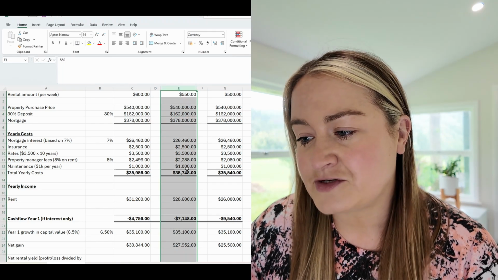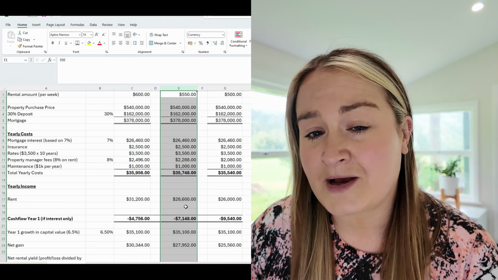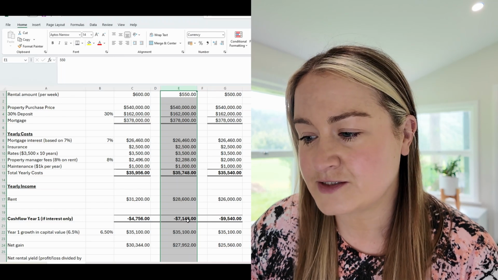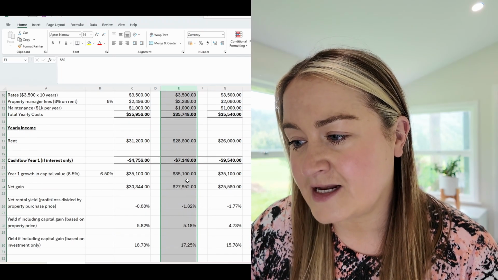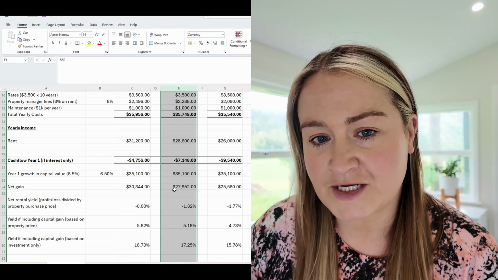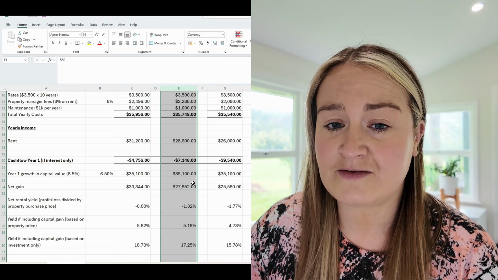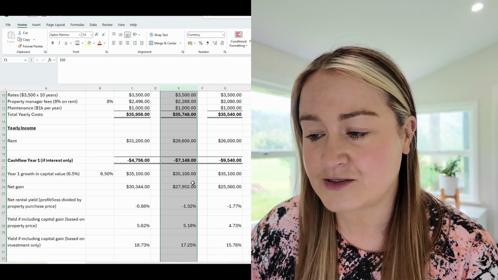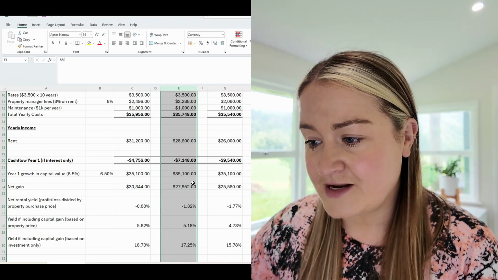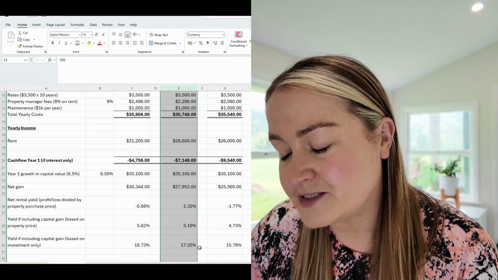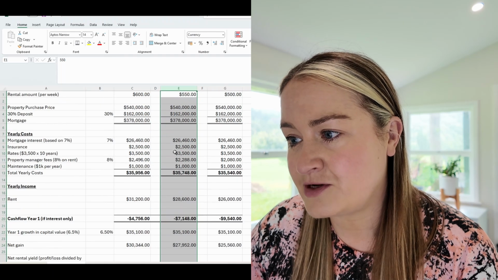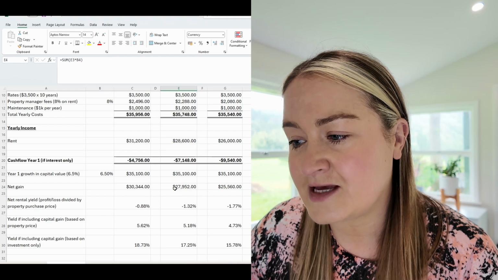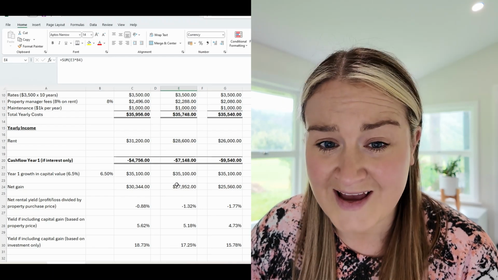Every year I have to top this property up from my own pocket by just over $7,000, but I am gaining in equity almost $28,000 a year, which again, if you hold that property for longer than 2 years as a long-term rental investment, is going to be a tax-free capital gain. Then your realistic yield is 17% based on the $162,000 you've invested, and your net gain a year on that investment is almost $28,000.